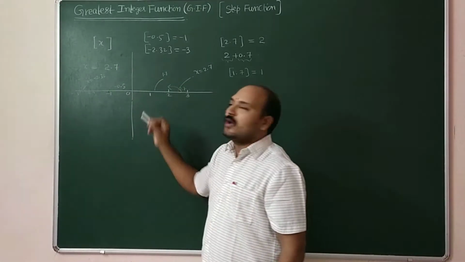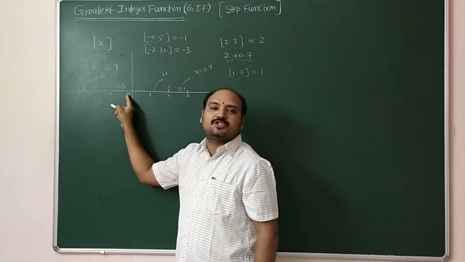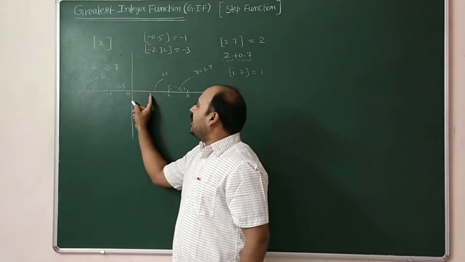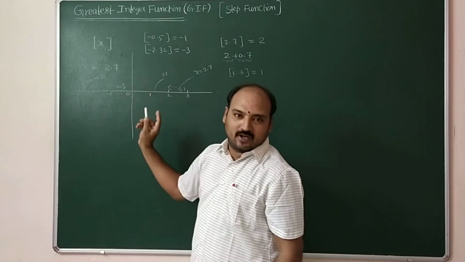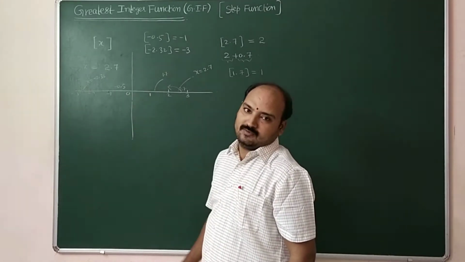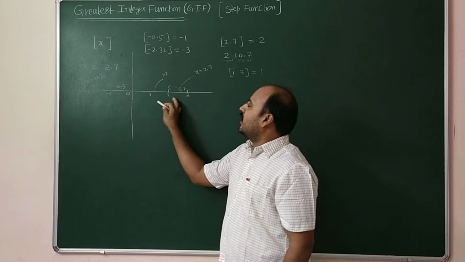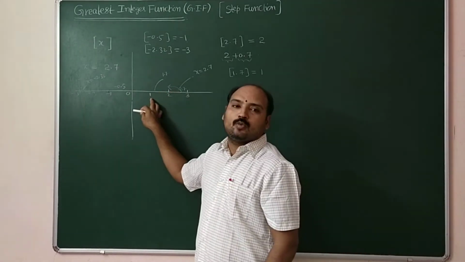Suppose any value in between 0 and 1 is taken, it will give 0. It should not be 1, it should be 0, for values in between 0 and 1. In between 1 and 2, it should not be 2, it should be equal to 1.